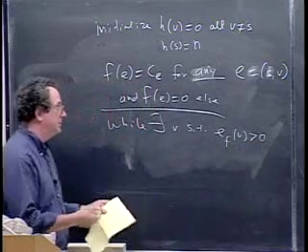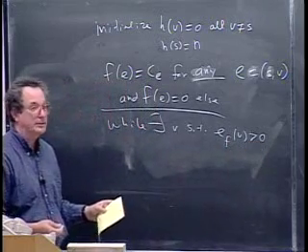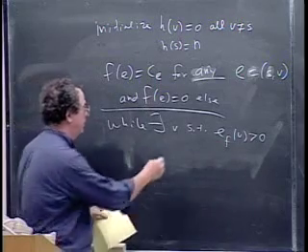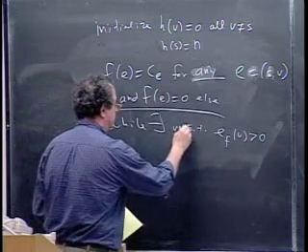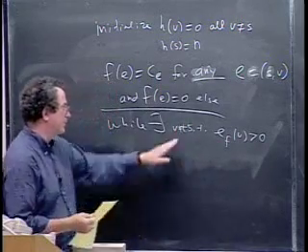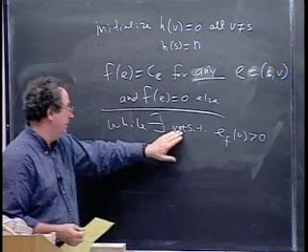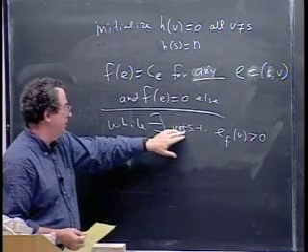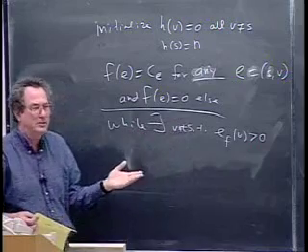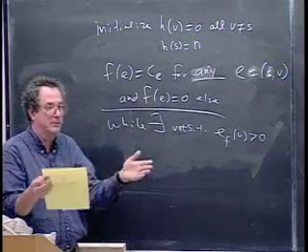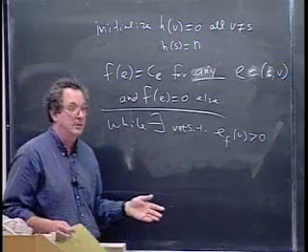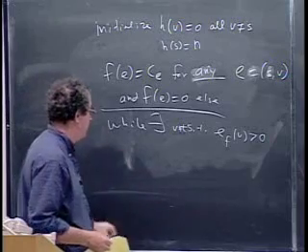So some node has excess. I guess I better say that's not equal to T. V not equal to T, because T can certainly have excess. It can have more into it than out of it. Well, there's no way out from T. You check in, but you don't check out.